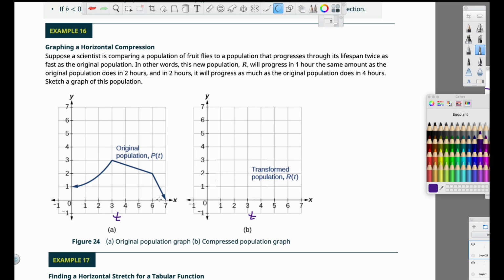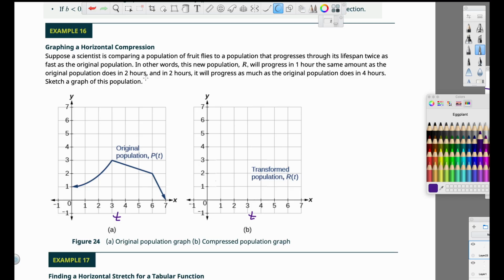It looks like hours right here. And this new population, R, will progress in 1 hour the same as the original does in 2. So the fruit flies don't live as long. They live, it looks like, half as long, right?